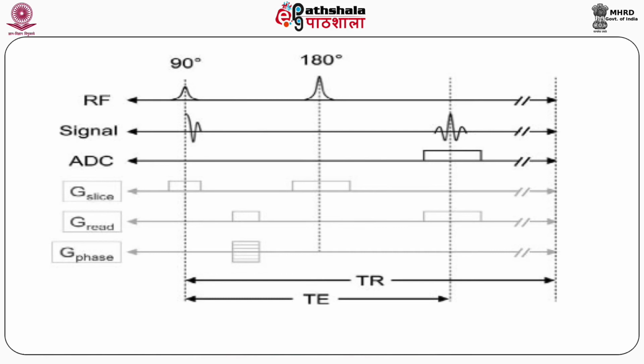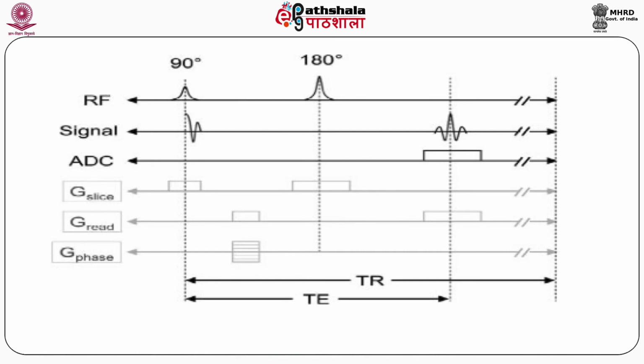The spin echo, as I told you: after a 90 degree RF pulse, the spins that were in phase begin to dephase in the transverse plane. After a certain amount of time, if a 180 degree RF pulse is applied, the spins will rotate over to the opposite axis. Now, rather than dephasing, the spins will begin to rephase, and the spins come back together after some time.